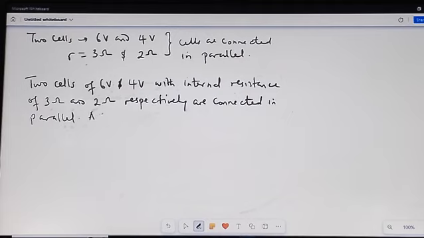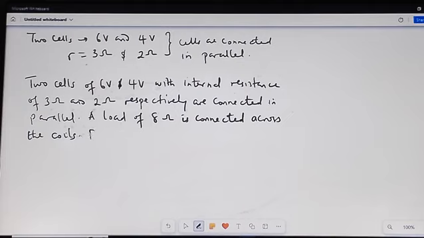We have that a load of 8 ohm is connected across the cells. We should find the current through the cells.